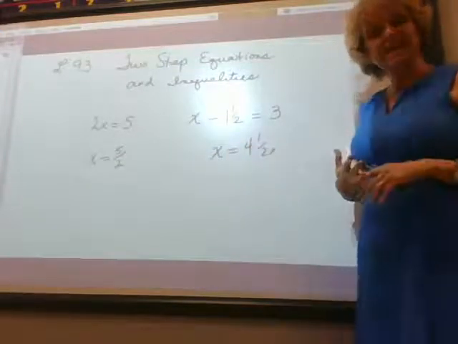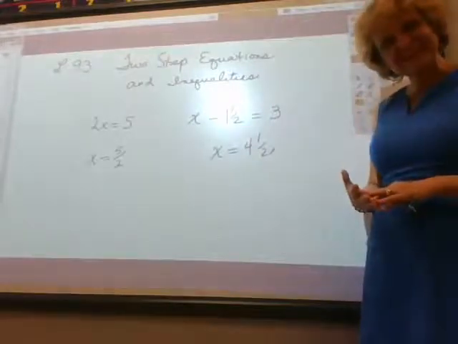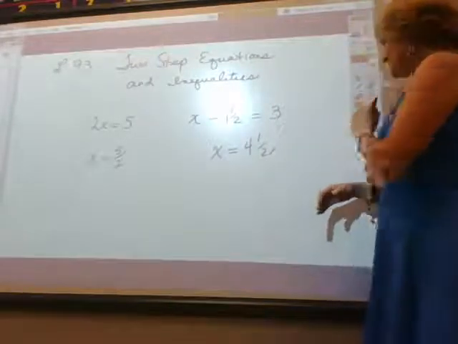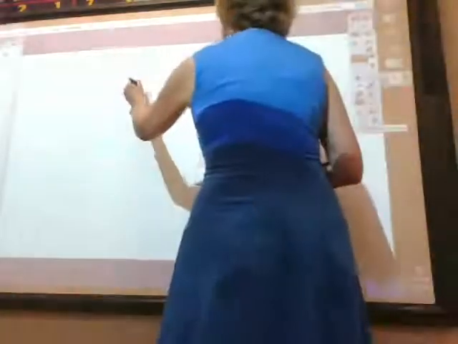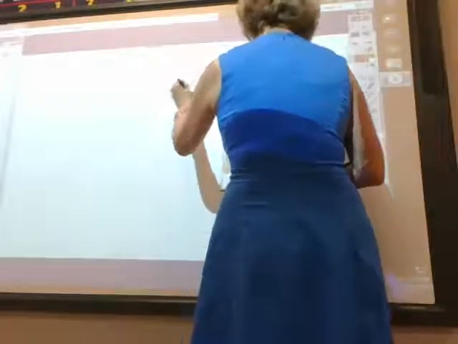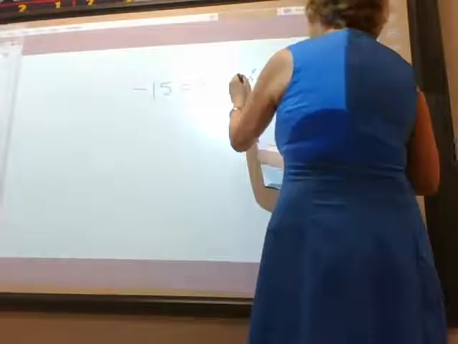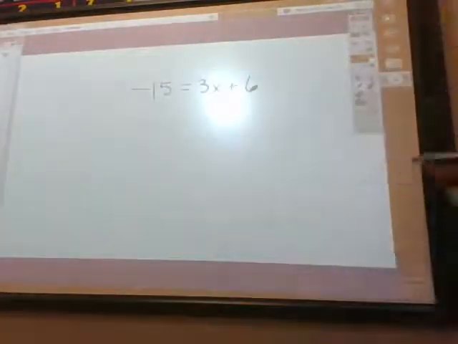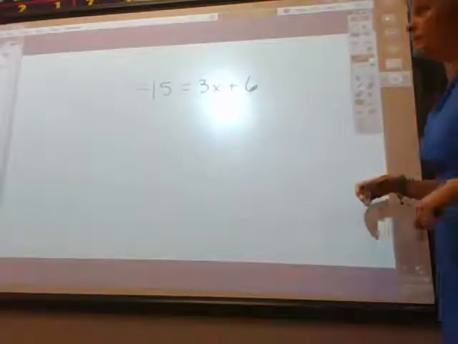So what we're going to do today is put both of these skills together. Wonderful, let's do that. I'm going to start with actually example 3, because this is just integers, and I think that this is a good starting point. Let's say that we want to solve for x here.